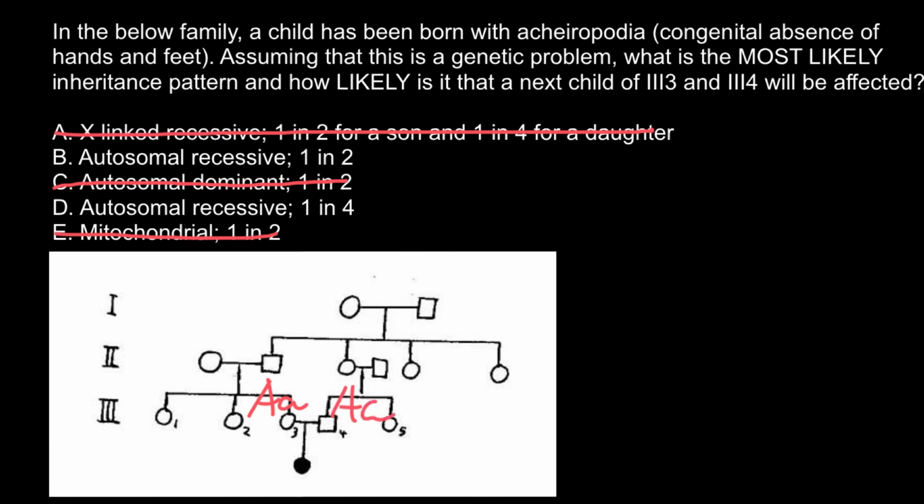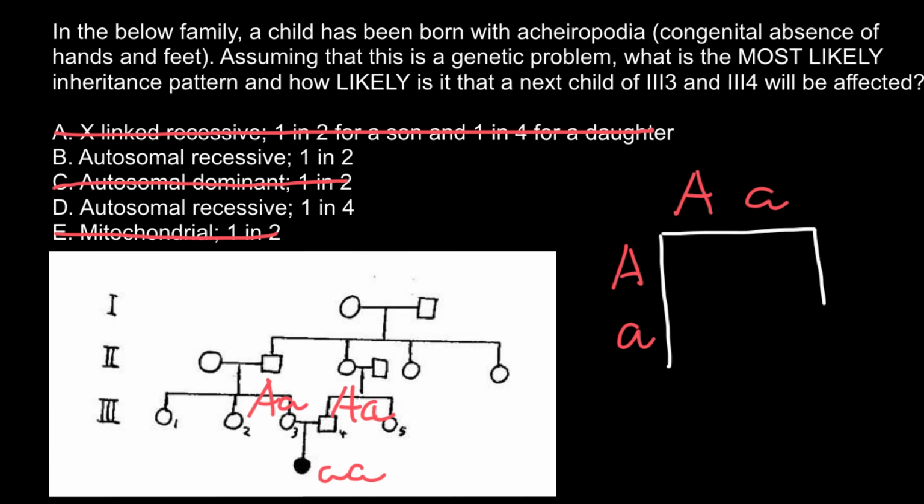So both parents would be heterozygous, and the genotype of this person would be two defective alleles. If both parents are heterozygous and this is an autosomal recessive genetic disorder, the phenotype of the parents would be normal, and the probability of different genotypes in their progeny would be as follows.